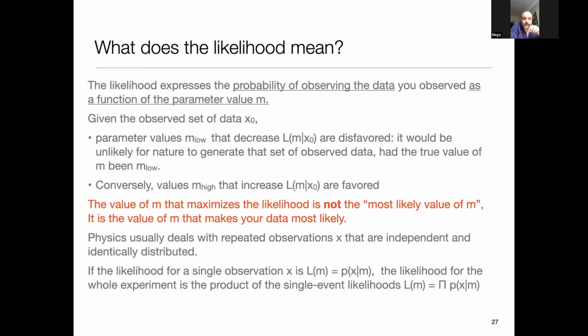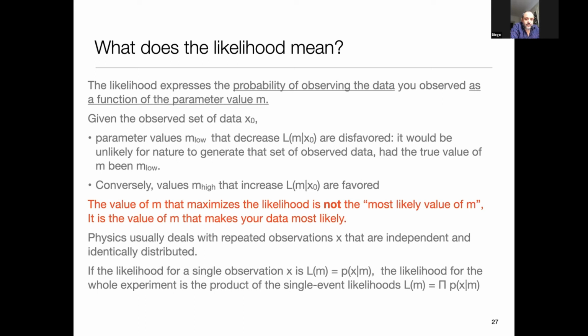So the likelihood of your data for those values of the parameter will be small. This means that it is unlikely for nature to generate that set of data if the true parameter M in nature would be that probe value M that I'm trying.